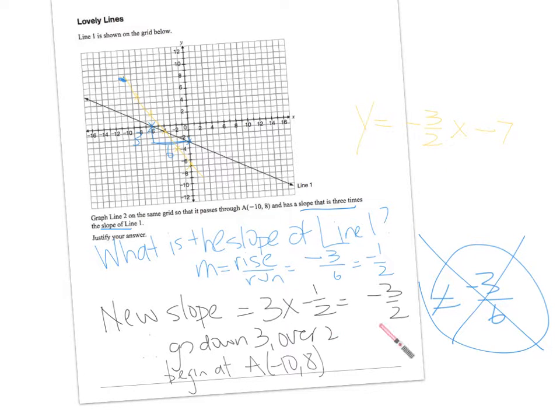So it is equal to negative 3/2, which means from our original point, negative 10, 8, we know that has to be on there. We could just follow that rule of rise over run, so down 3 over 2, beginning at our first point. And then if I keep following that rule, down 3 over 2, down 3 over 2, I can draw the entire line. Some of you, although it didn't say so, actually came up with the equation, which is also true. So y equals negative 3 halves x minus 7.